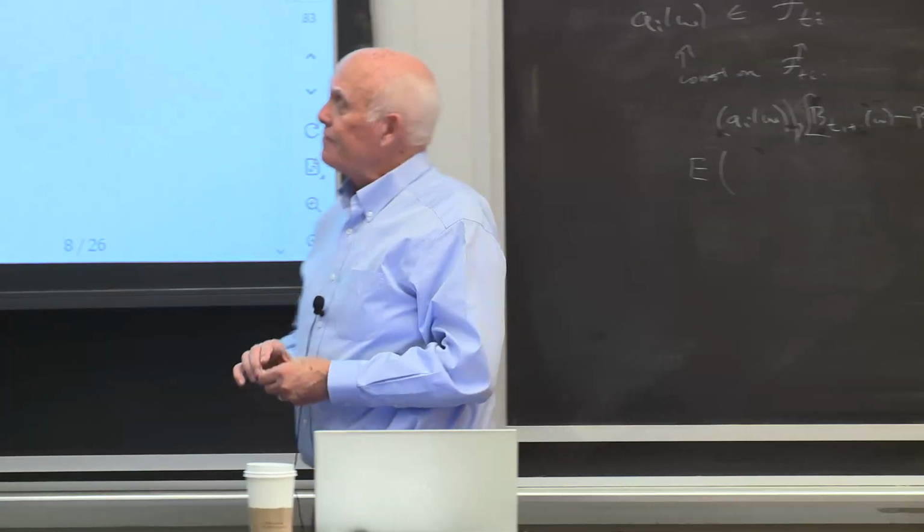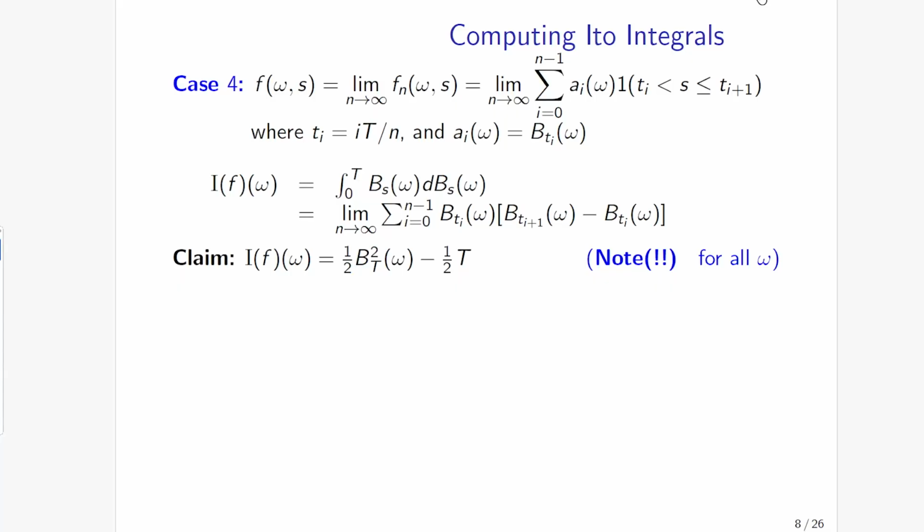This case 4 is the case that essentially defines Ito integrals in general, which is if we consider taking the limit of integrals with respect to step functions with random levels ai, but then allow the increments, the time steps, to get closer and closer to each other, then the limiting value of this Ito integral of the step functions is equal to the Ito integral of f.